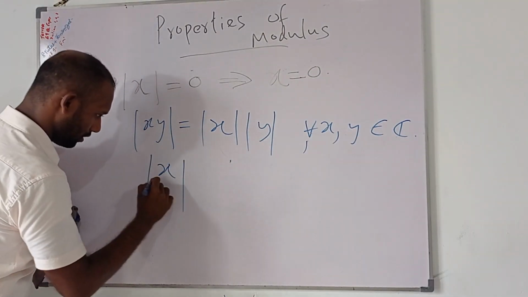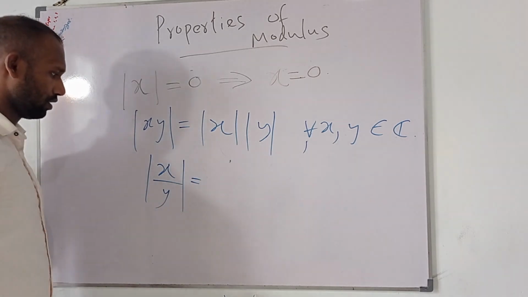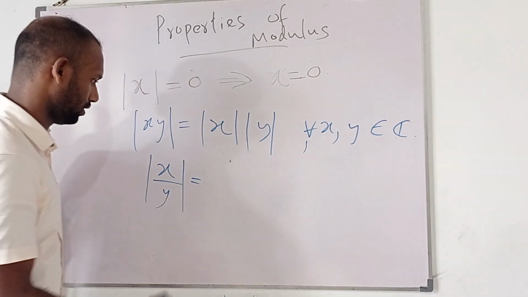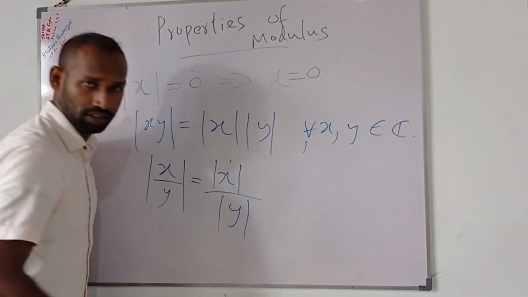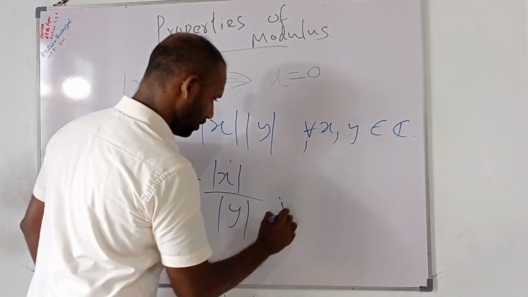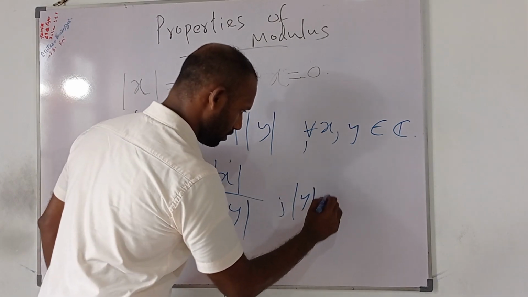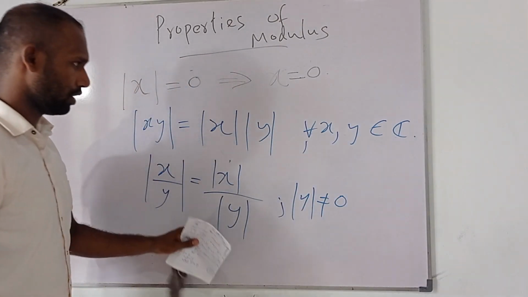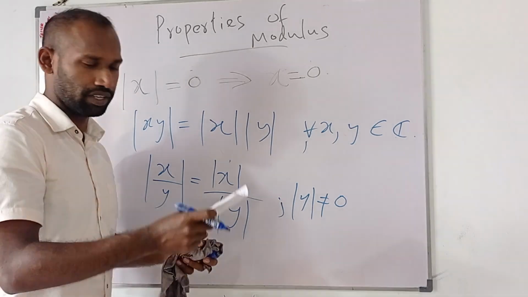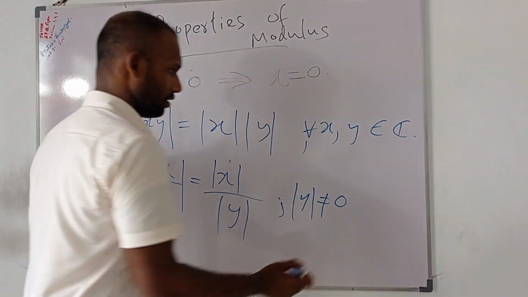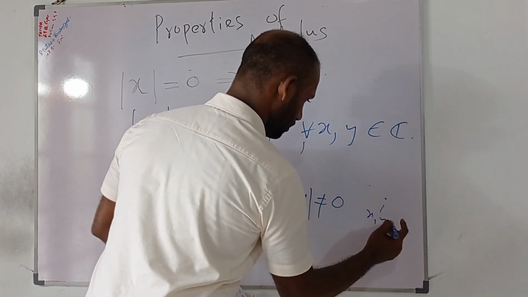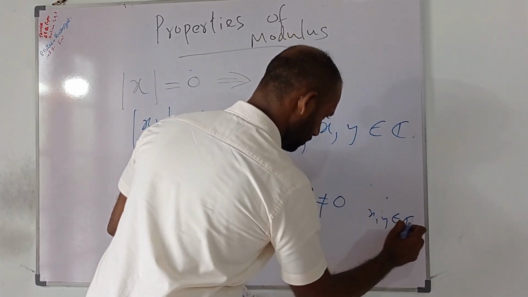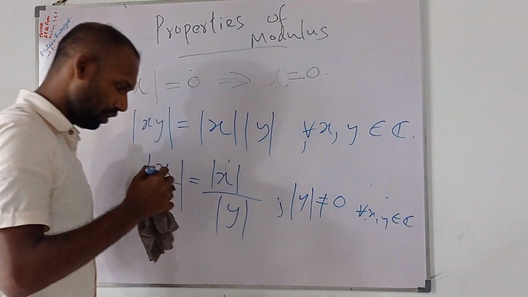Similarly, the modulus of x over y is modulus of x over modulus of y, where x, y are complex numbers. Similar for all.